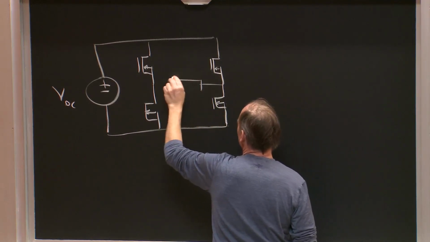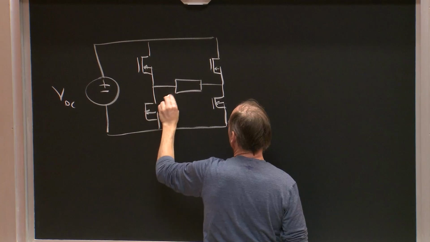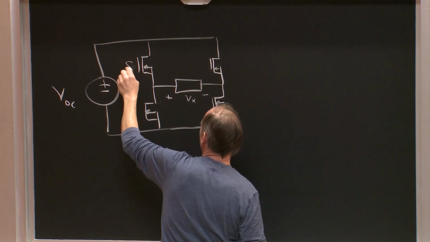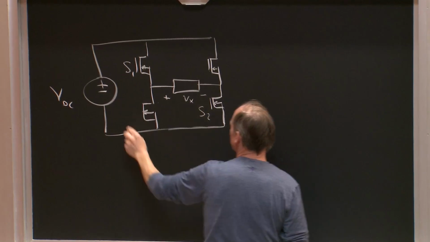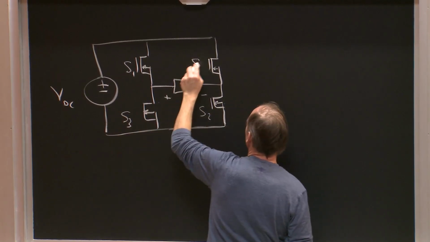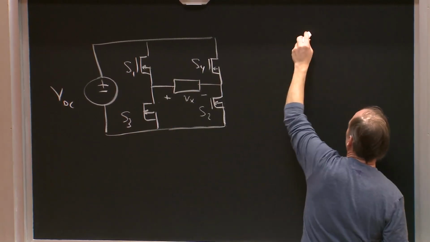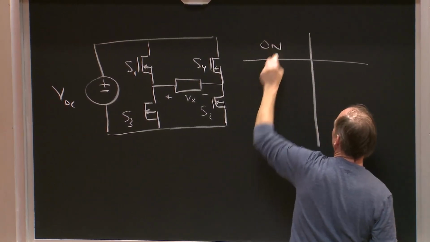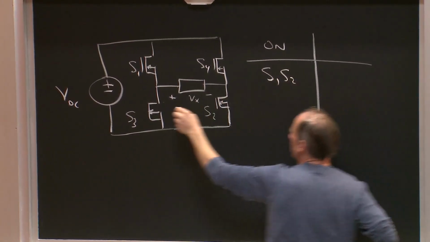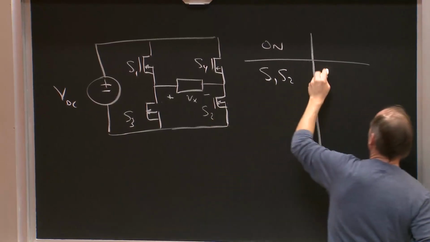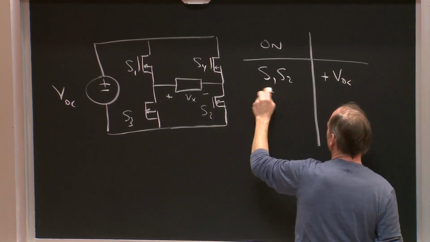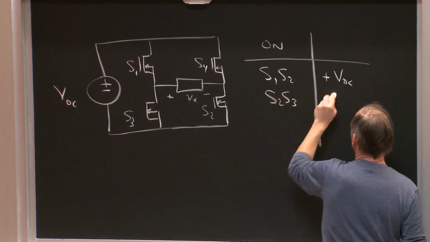And if I want to synthesize some voltage Vx across the load, if I have switches S1, S2, S3, and S4, right? If the switches that are on are S1 and S2, I put positive VDC across the load. If I put S2 and S3 on, I get 0.